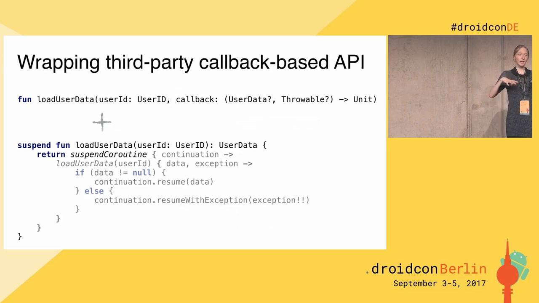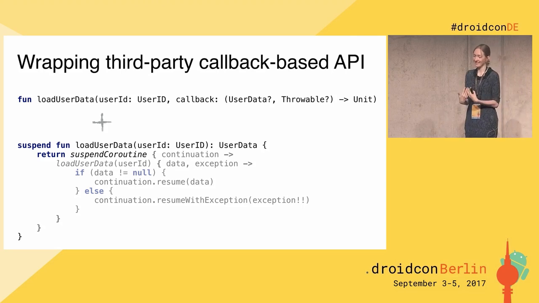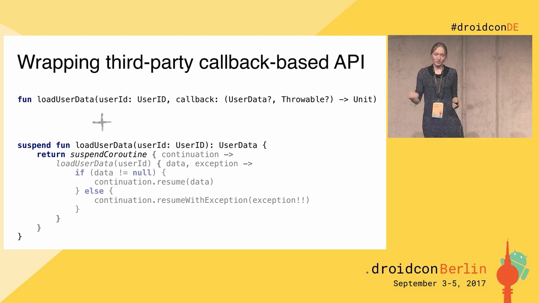Another thing: if you are working with some third-party library, and this library provides a callback-based API, you can again, instead of calling it directly and providing the callbacks, wrap it in a suspend function. This function will use the special intrinsic Kotlin function suspendCoroutine.